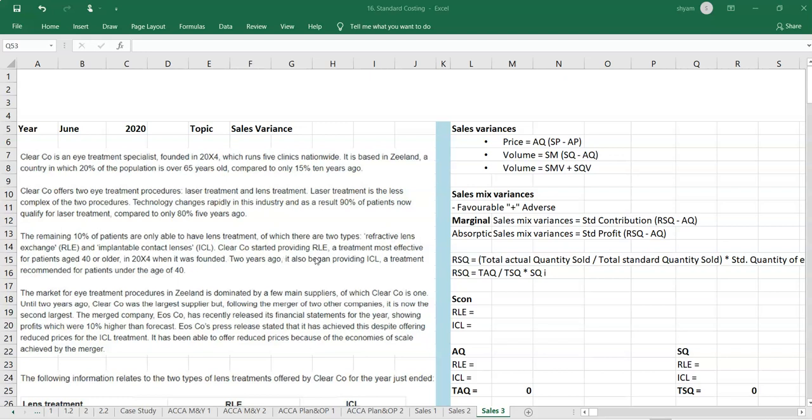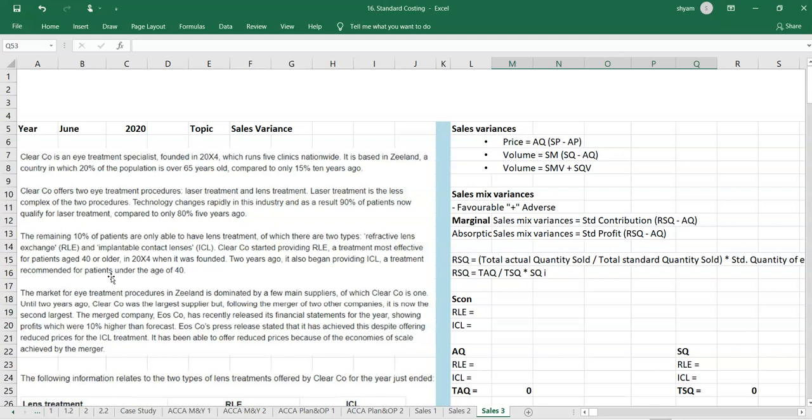Clearco started providing RLE, a treatment most effective for patients aged 40 or older, in 2014 when it was founded. 2 years ago, it also began ICL, a treatment recommended for patients under the age of 40. So they are doing two types of treatment, one for older people and the other for a younger set of people.